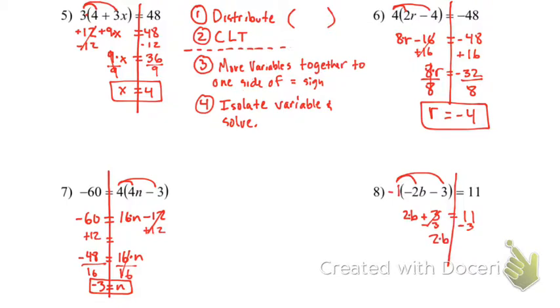Two times b equals 8. And then to get rid of the 2, we're going to divide by 2. Okay, we put the answer over here. So it's going to be b equal to 4.